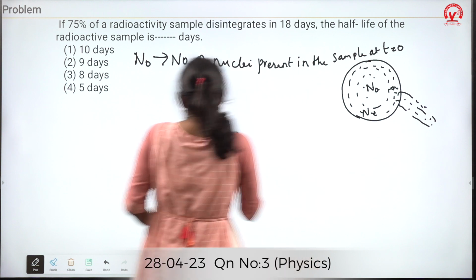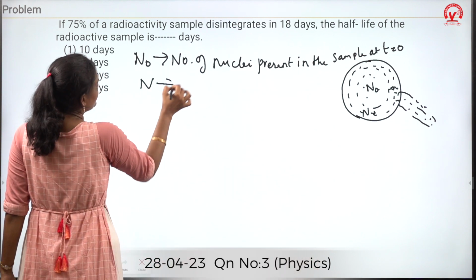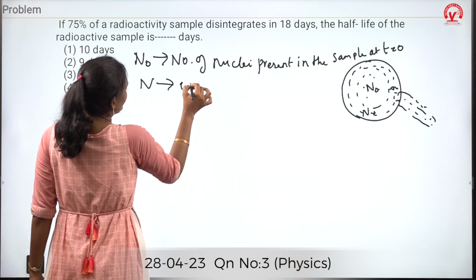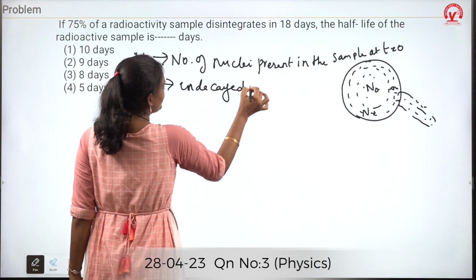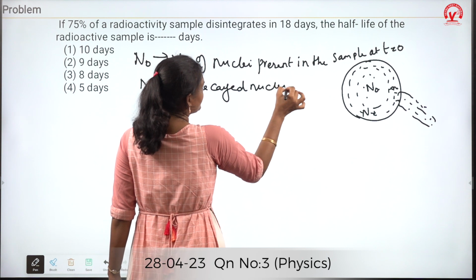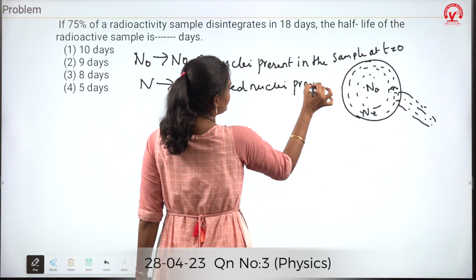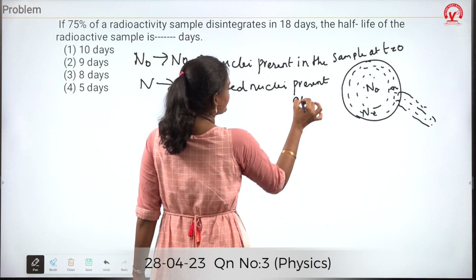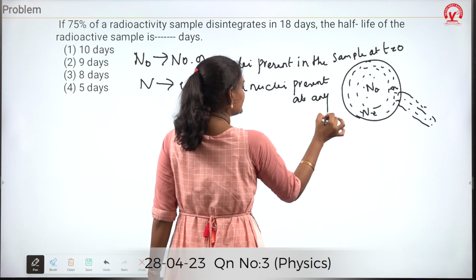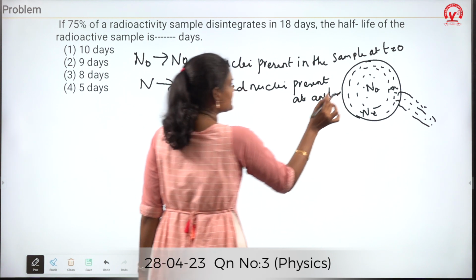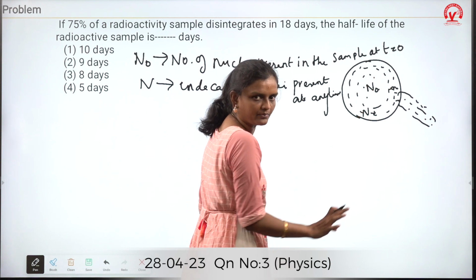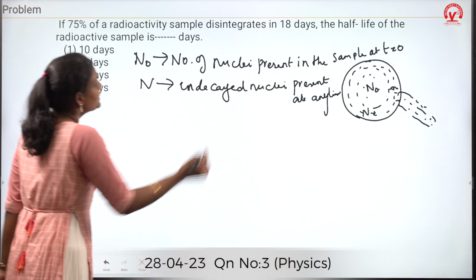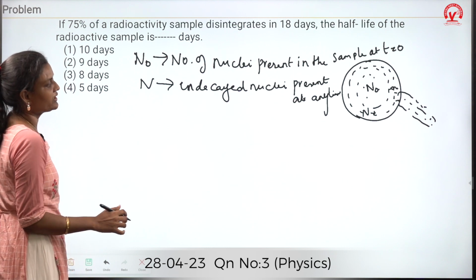That is N, the undecayed nuclei present at any time.